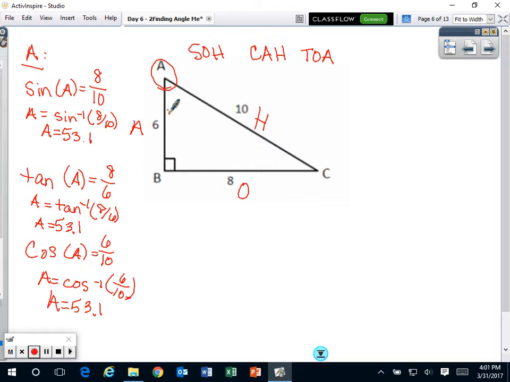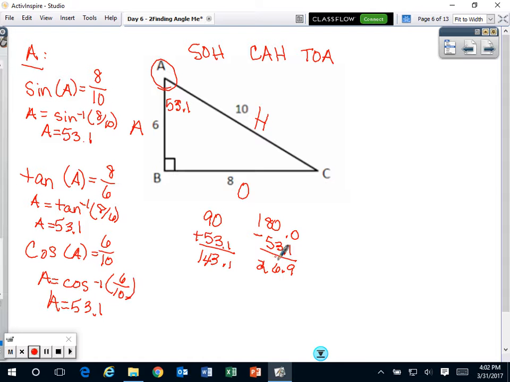All right, so since angle A is 53.1, I can find angle C just by adding 90 and 53.1, and I get 143.1, and then taking 180 minus the 53.1, we get 9 here, that becomes 9, so that's 6, that becomes 7, so that's 2.